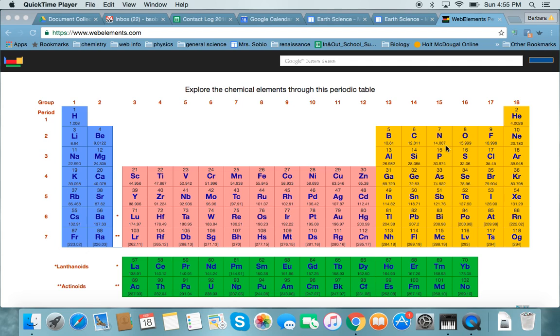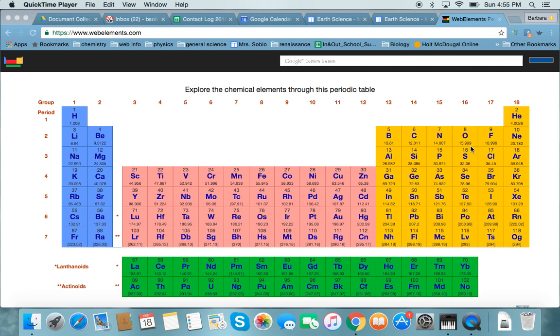These numbers down below, these are called the atomic mass numbers. Now, these are actually a weighted value of all of the naturally occurring isotopes of an atom in the relative amounts that they occur. We're going to use them to calculate the number of neutrons an atom typically has in its nucleus.